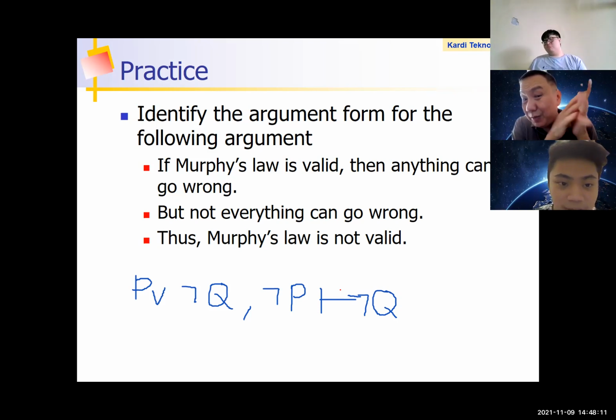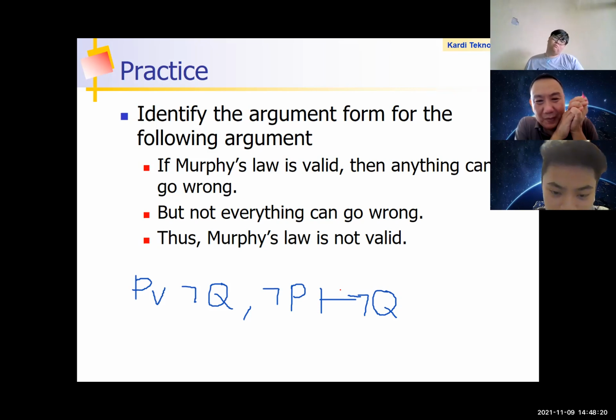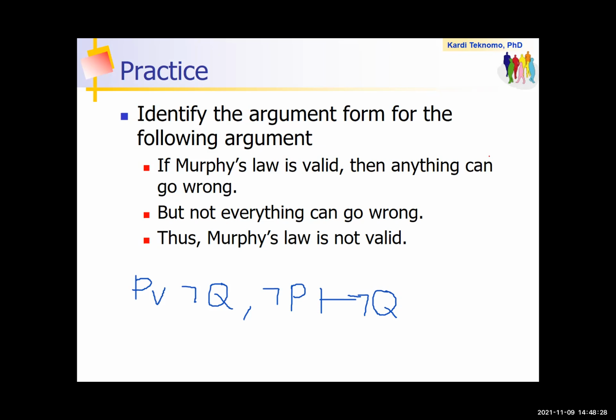Have you ever heard? Go to Google, Google it, okay? If Murphy's law is valid, then everything can go wrong. But not everything can go wrong. That's Murphy's law is not valid. So, Matthew, can you put this into an argument form?